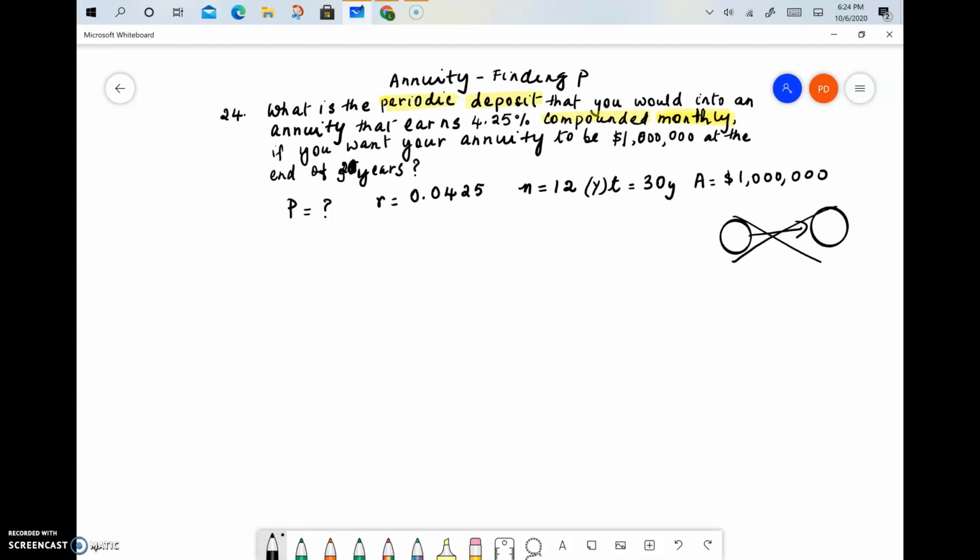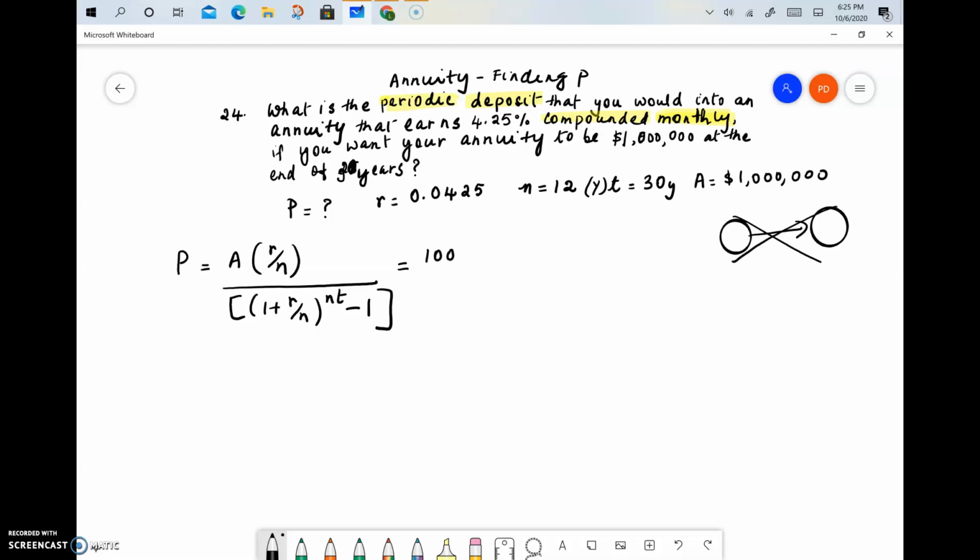So the formula that we're going to use for this problem, which is in our midterm handout, is P equals A times R over N, the whole divided by 1 plus R over N whole to the NT minus 1 close parentheses. Now all we have to do is plug in all the numbers that we have.